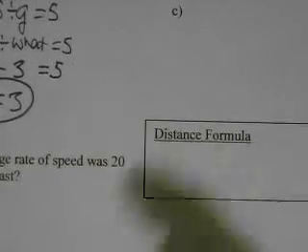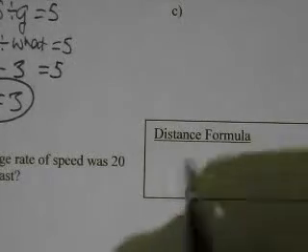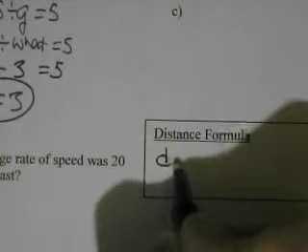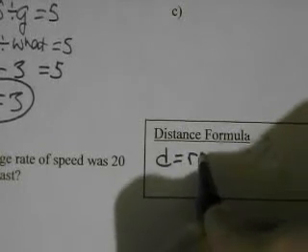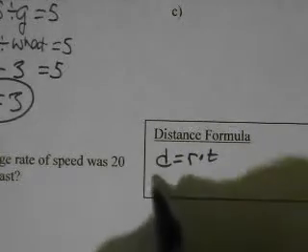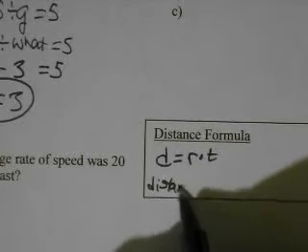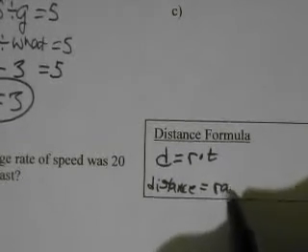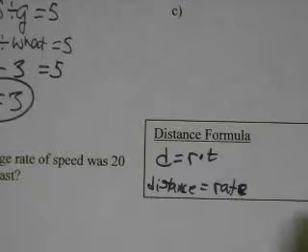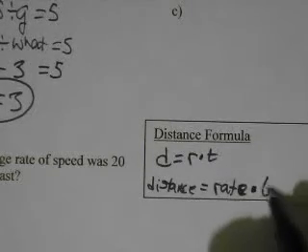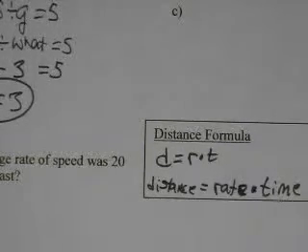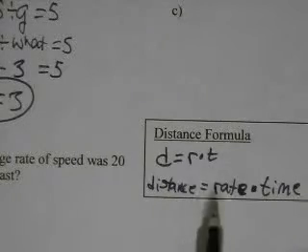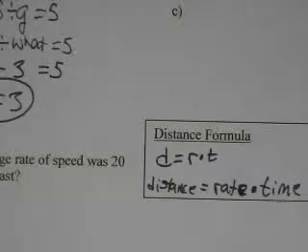Off to the side here, the distance formula. Our formula, d equals r times t. Distance equals the rate, which is the speed, how fast they're going, times time. So once we know two of these things, we can solve this equation.